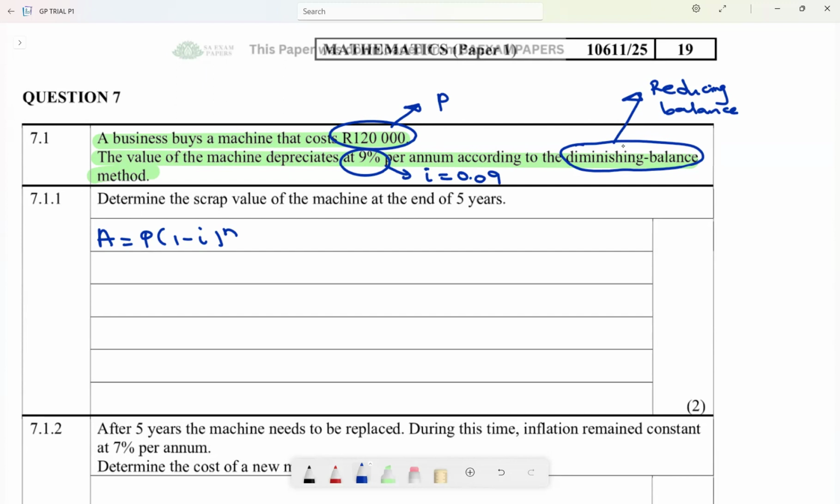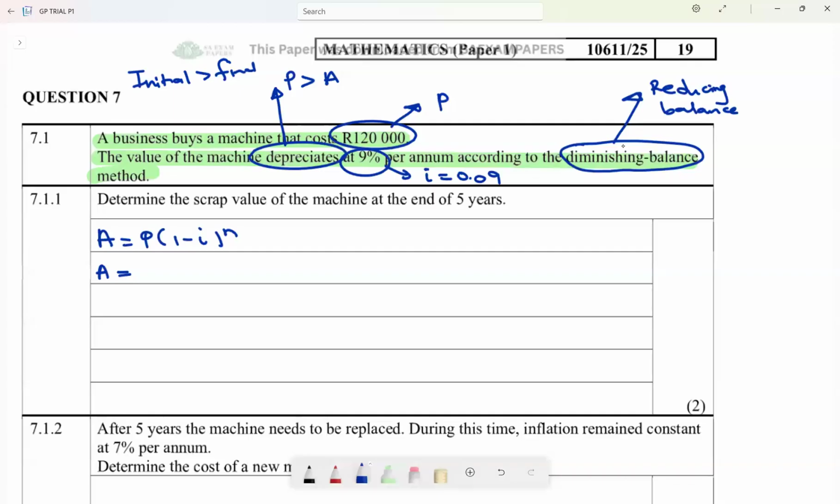So it's just going to be A, and for depreciation, the value that you start with is always greater than the amount that you're going to end with. So the initial amount is greater than the final amount. It means if you buy it with 120,000, after 5 years it will be worth less because it has depreciated.